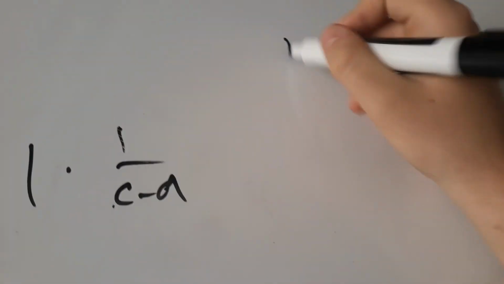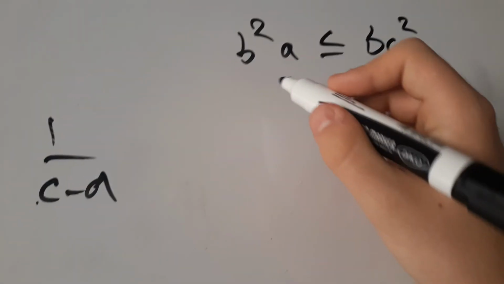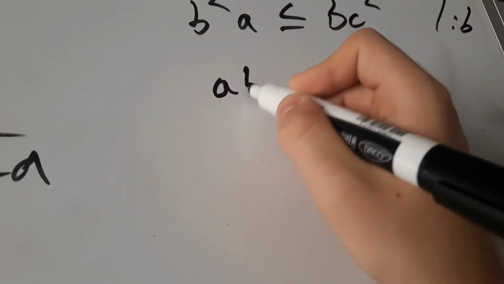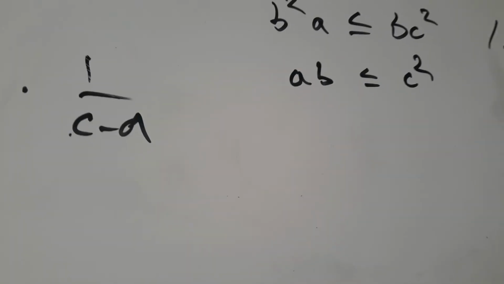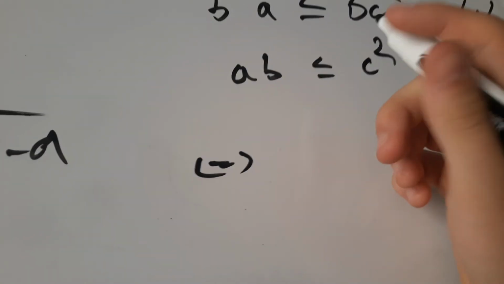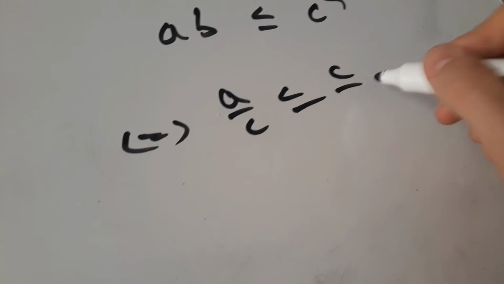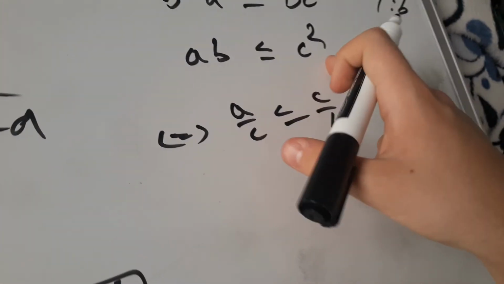Now let's see if b squared a is less than bc squared. We can divide by b, so we have that ab is less than c squared. Is this true? I don't know, but if we make the ratio a over c less than or equal to c over b, we will see that a times b in this order is less than or equal to this.